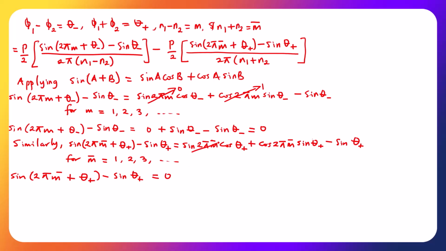Of course, this one will have given us 0, and this expression will have given us 1. So it will be 0 plus sine theta plus minus sine theta plus, and this gives us 0.